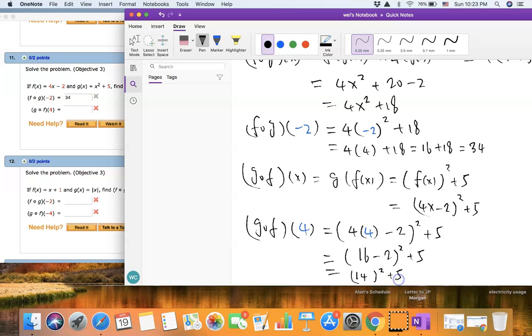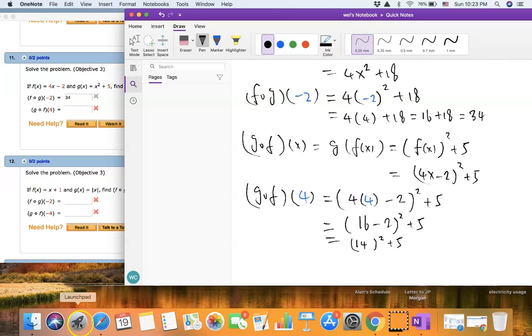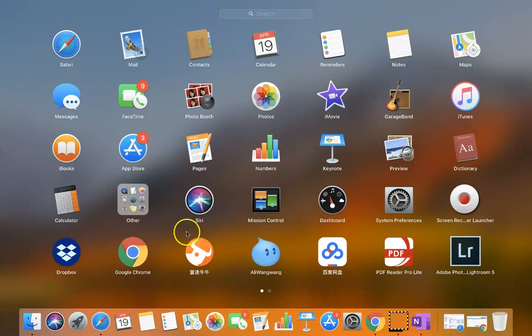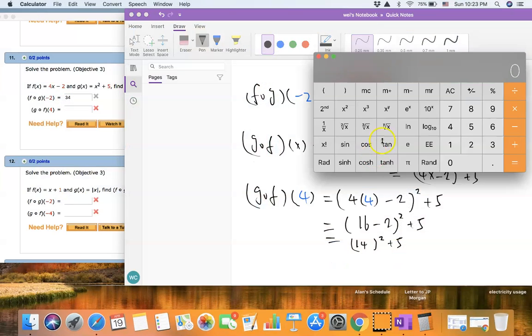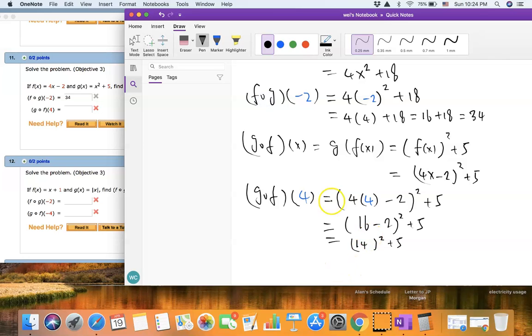Now 14 squared plus 5. 14 squared is 196, plus 5 is 201.